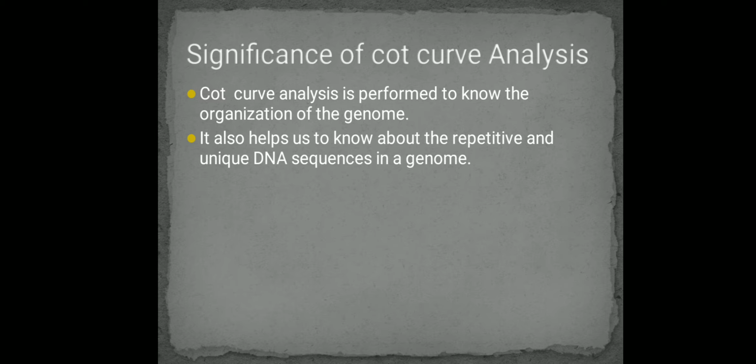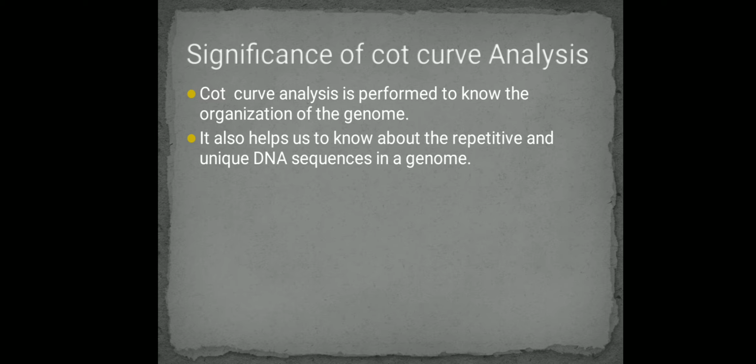So at a particular point, half of the double stranded DNA in a solution is going to appear as single stranded DNA. So that particular temperature, we call the melting temperature of the DNA.